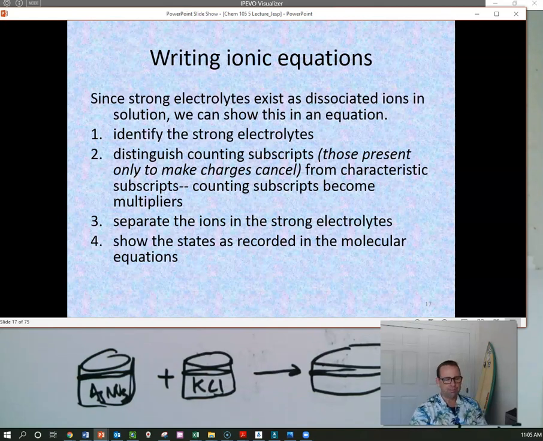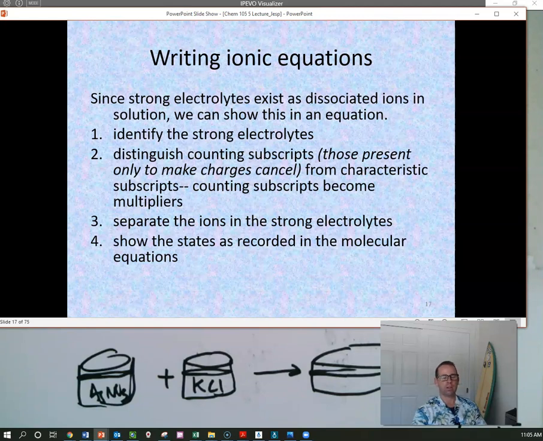All right, so right now we are going to follow these rules when we write ionic equations. Identify the strong electrolytes. We can do that either by, if they provide the chemical and say aqueous, then we know it's a strong electrolyte, or we can use the solubility rules to see if it's soluble.